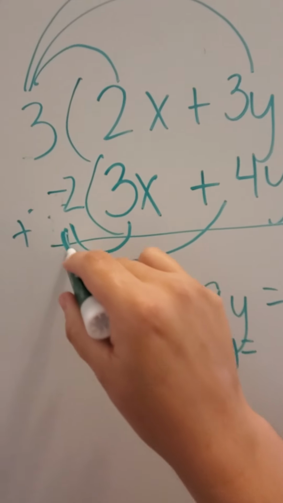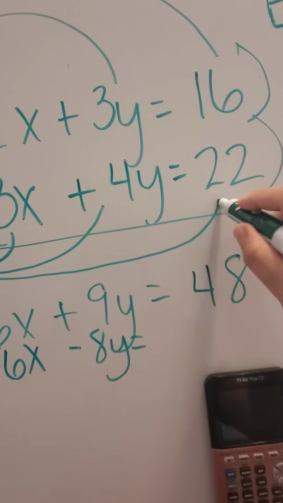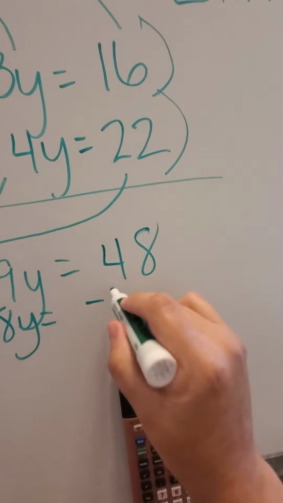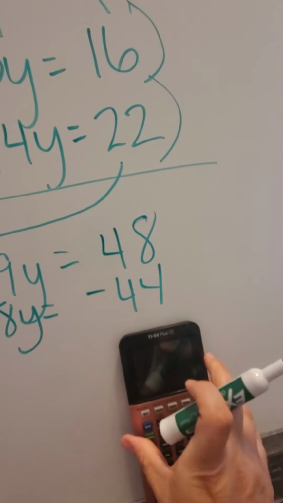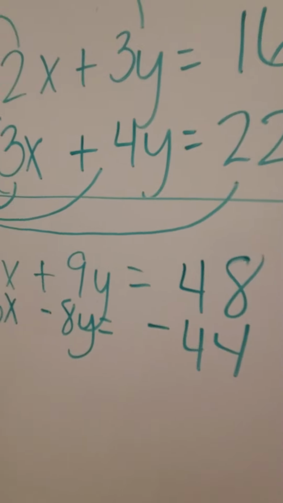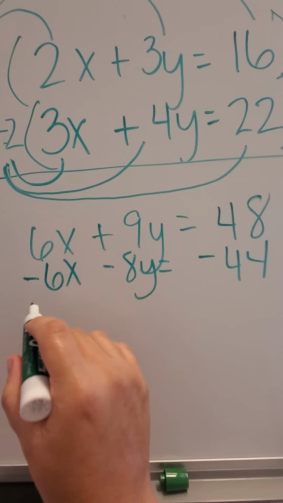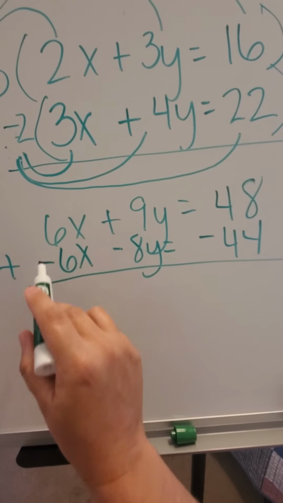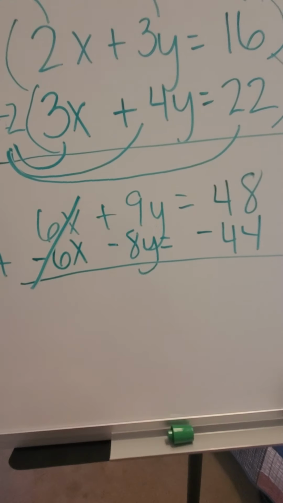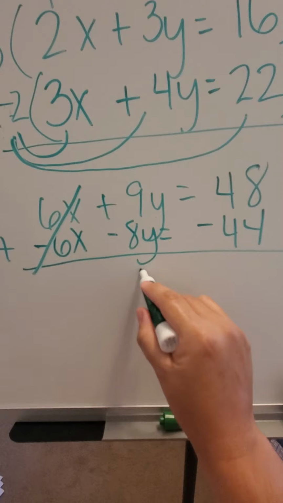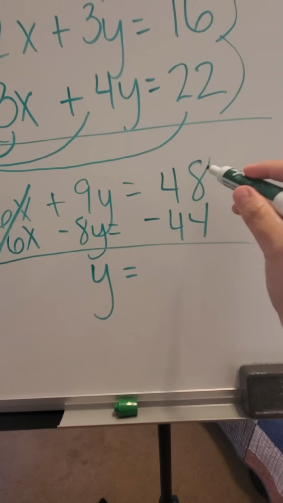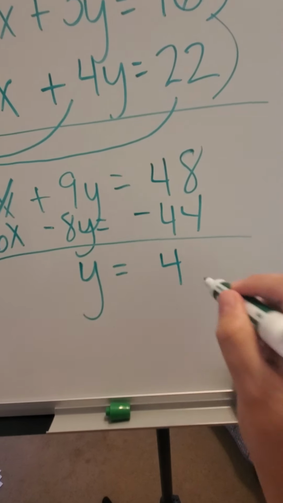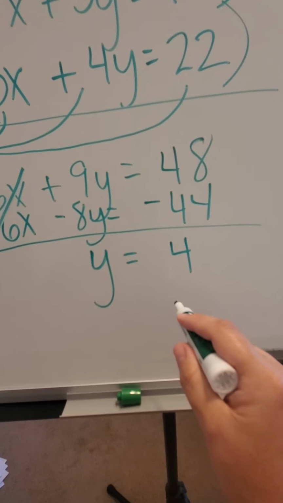And don't forget the last number at the end, negative 2 times 22 is negative 44, okay? Now I can add these equations and my x's will cancel, right? See, 6, negative 6, they're gone, aren't they? 9 minus 8 is 1y, or we can just say y, and 48 minus 44 is 4. So now I know y is 4, okay?